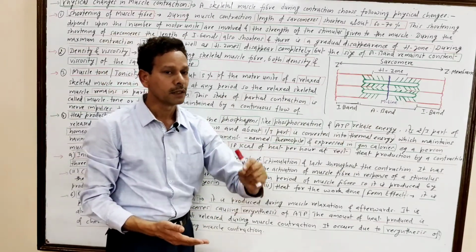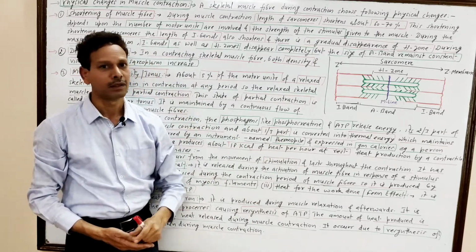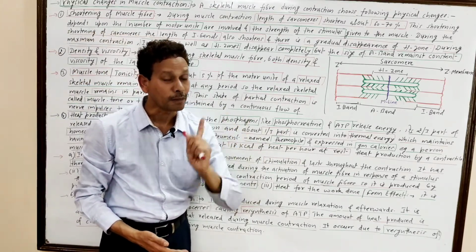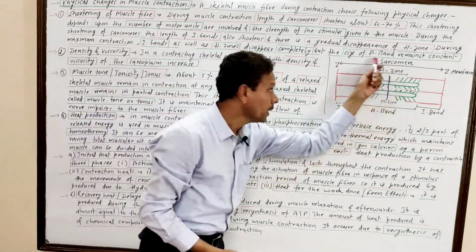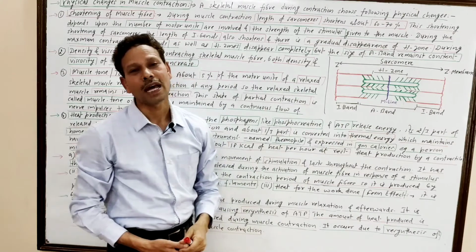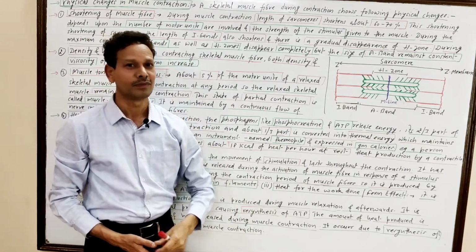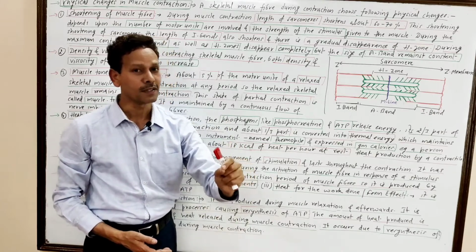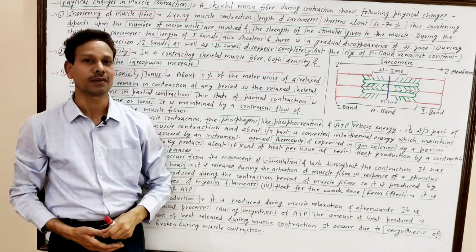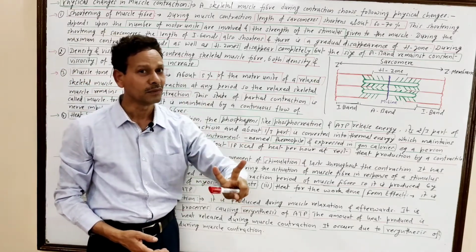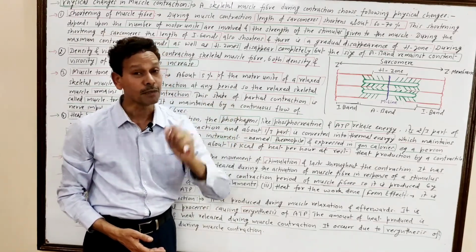It means during muscle contraction shortening occurs about 60 to 70%. And this shortening of the sarcomere depends directly on two factors. First, the number of motor units involved in a muscle contraction, and second, the strength of the given stimulus.